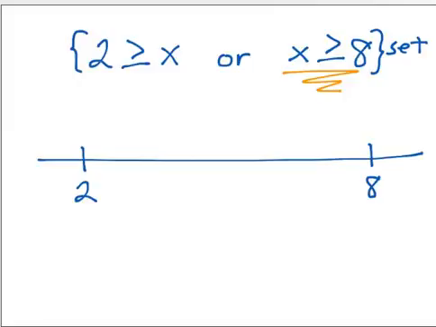Well, let's go down here to 8 and draw a circle. Why do we color this circle in? Because it says equal to. So we're going to color that in. Now we're looking for numbers that are bigger than 8. A 9 would be bigger than 8. A 10 would be bigger than 8. So I'm going this direction, aren't I?